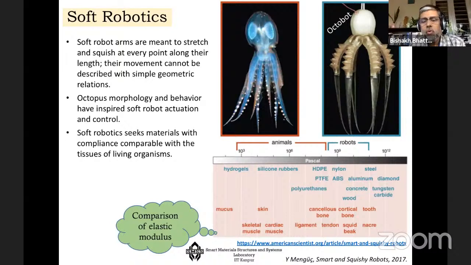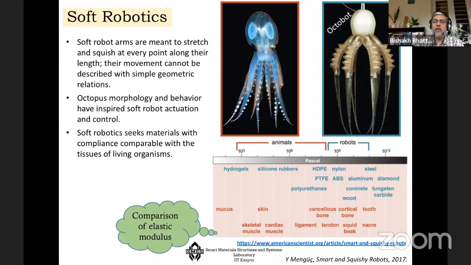Now, if you look at any of the muscles, in terms of force per unit area, the pressure, muscles are somewhere in this region, which is close to silicon rubber, something like 10 to the power 6 Pascal, or the megapascal level.